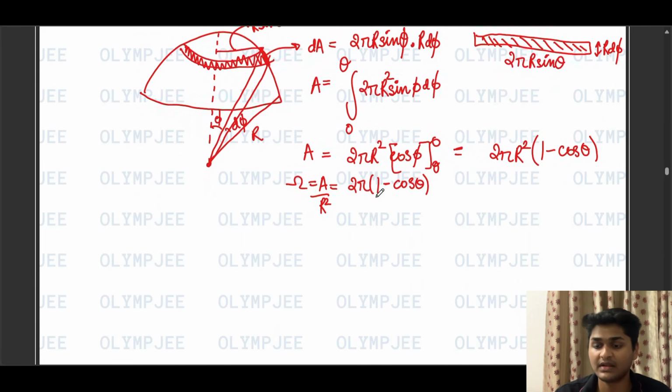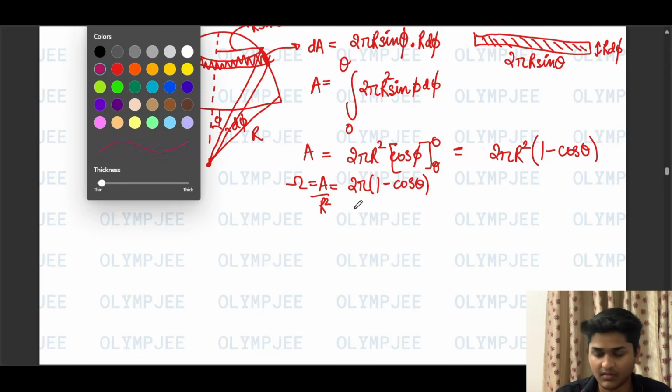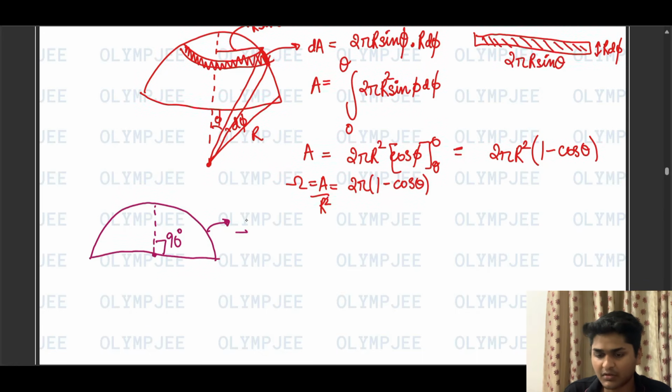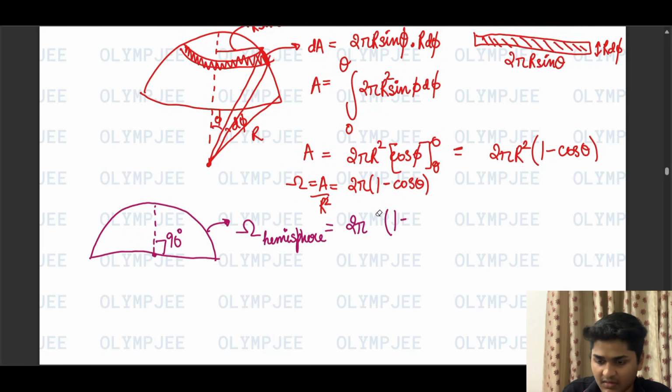Okay, so now let us see some shapes. If the half angle is equal to 90 degree, let us see what will happen. So if the half angle is 90 degree, then the solid angle of hemisphere is 2 pi r square multiplied by 1 minus, sorry, r square got cancelled, right? 2 pi 1 minus cos 90, which is 0.